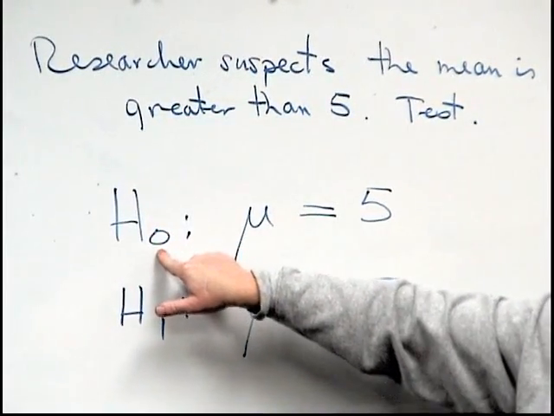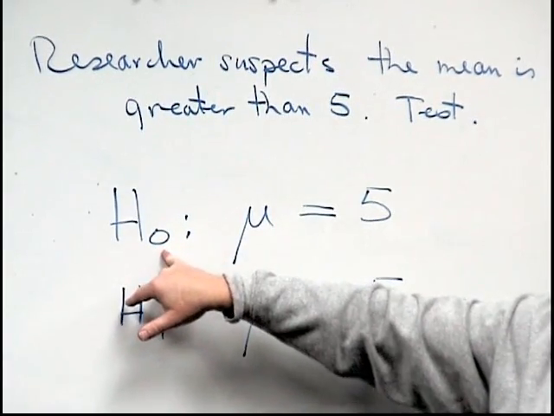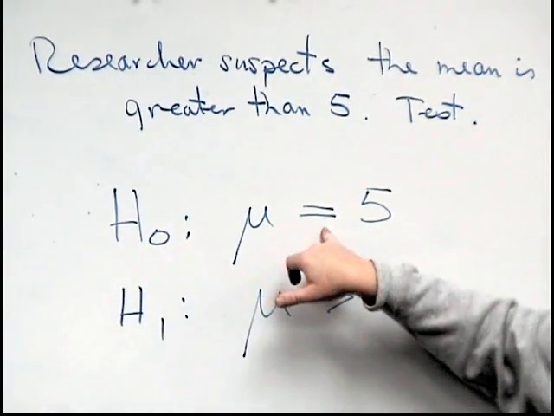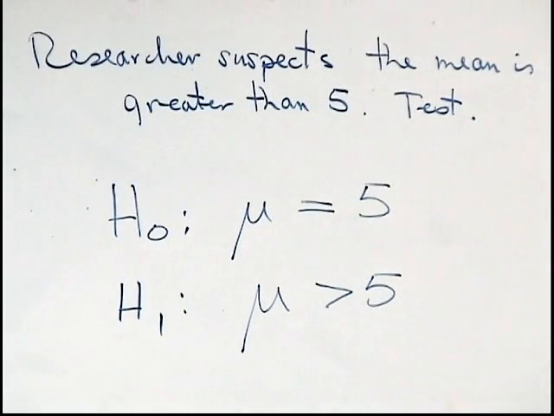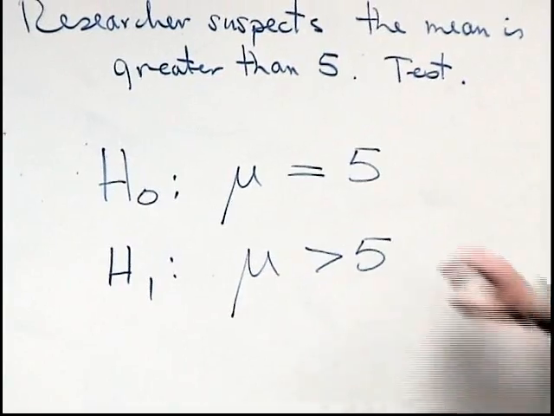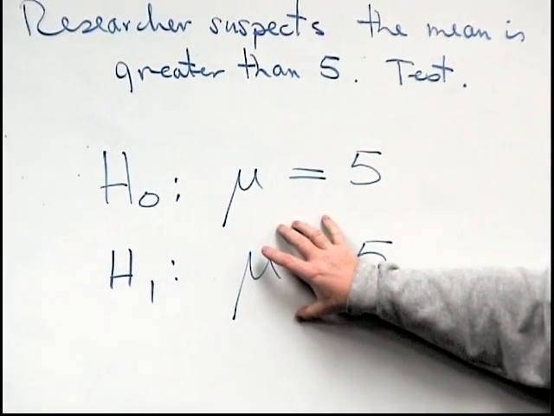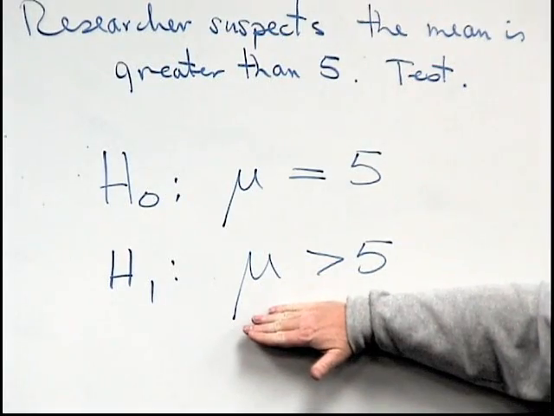H sub 0, usually called H naught or H null, the null hypothesis, always has the equal sign in it. Now, if you want to write a less than or equal to or greater than or equal to, it's okay. I always teach students, just make sure you get the equal sign in there, because that's the key feature. So make sure your null hypothesis has the equal, and what you're interested in proving is the alternative.